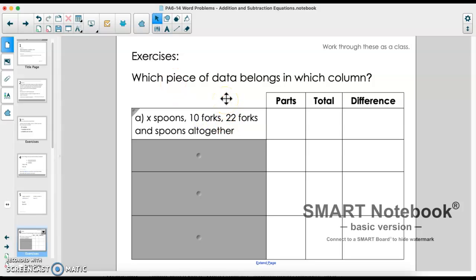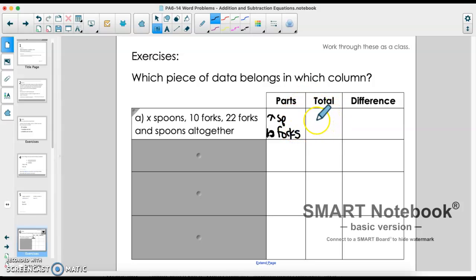So we have X spoons, 10 forks, 22 spoons and forks all together, right? And so our parts that we have over here, I think I'm just going to write it down, right? So we have X spoons, and we have 10 forks.